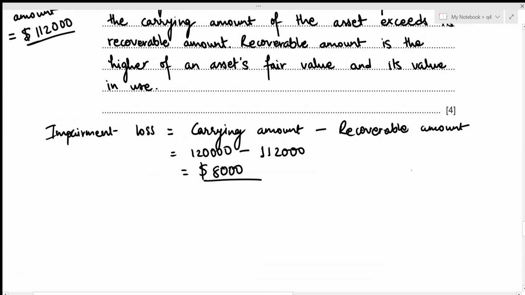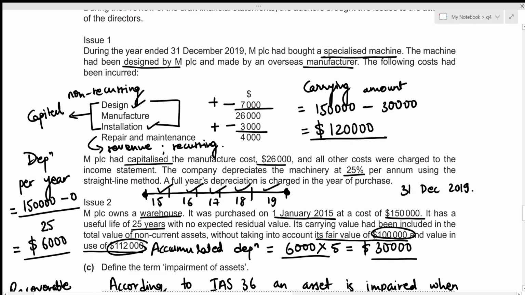And since we are now capitalizing this cost, we also need to charge the depreciation on our additional capital, right? So we can see that our additional capital will be that of design and installation, right? So additional capital is 7,000 plus 3,000, which results in the value of 10,000. Then we know that the company depreciates the machinery at 25% per annum using the straight line method.